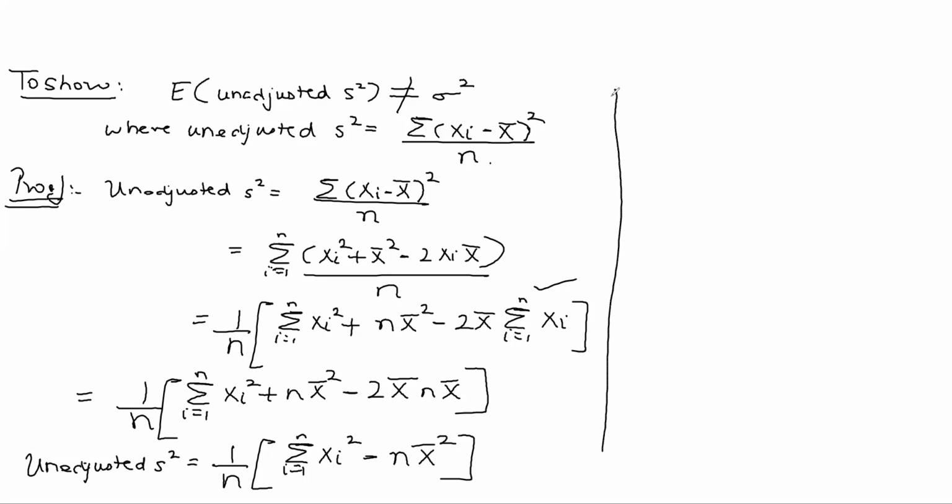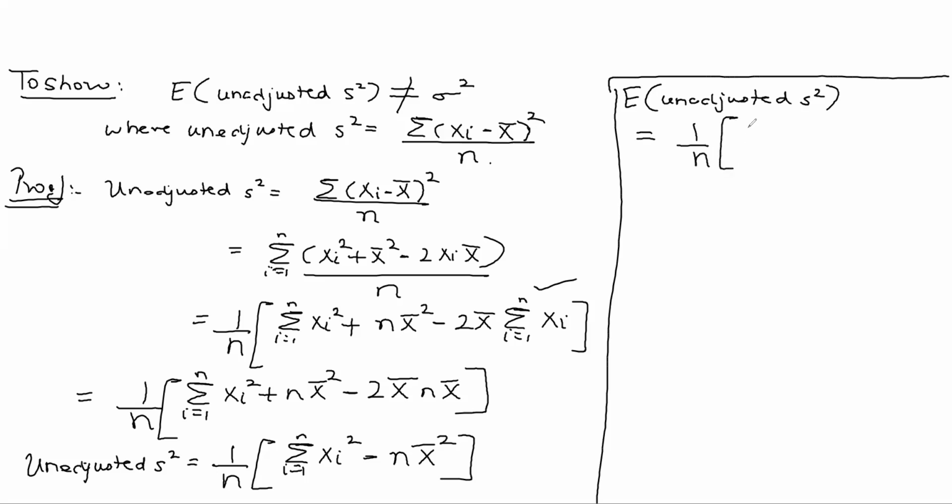So now if I take the expectations, I'm further solving it on the right hand side. Expected value of unadjusted s square is 1 upon n times summation as i goes from 1 to n expected value of xi square minus n times expected value of x bar square.